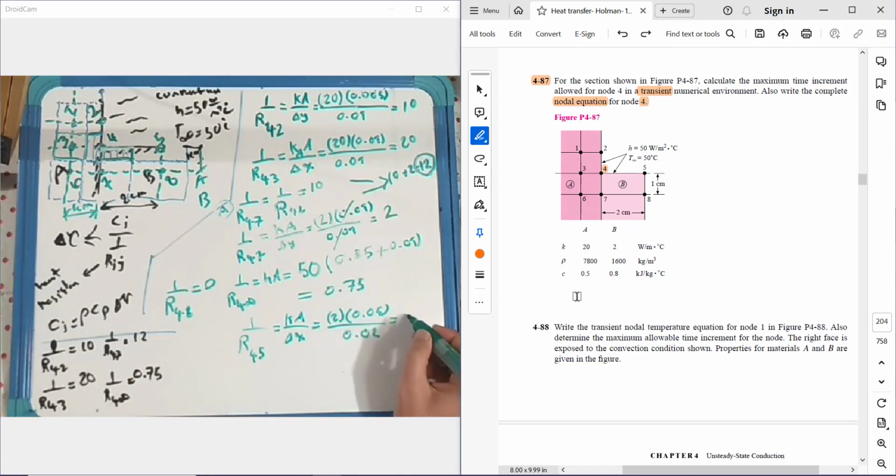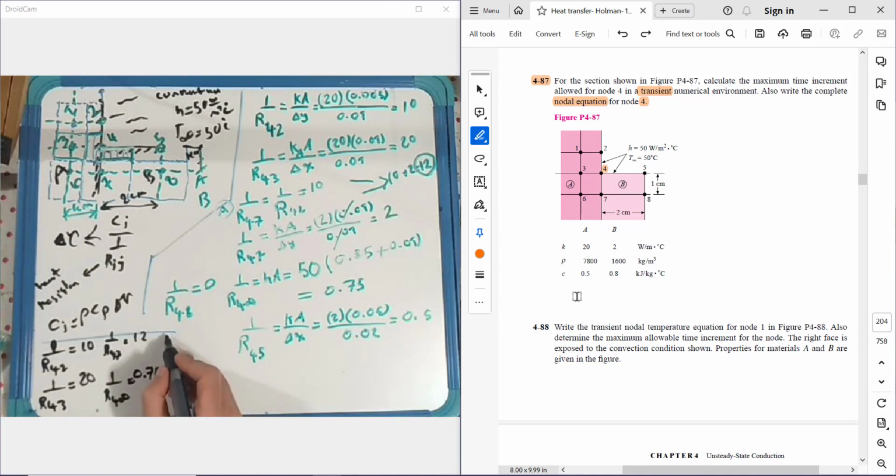The answer will be 0.05. Okay, I will write it here exactly because I need these after that.